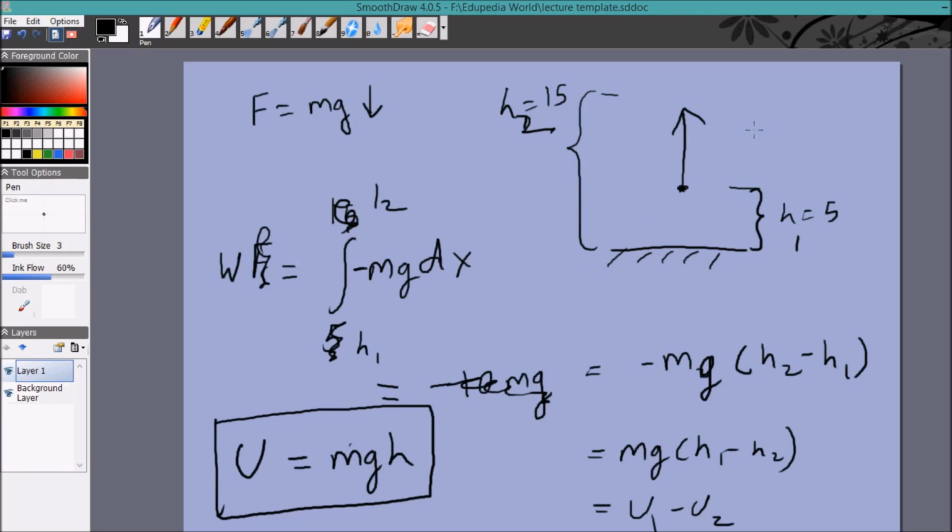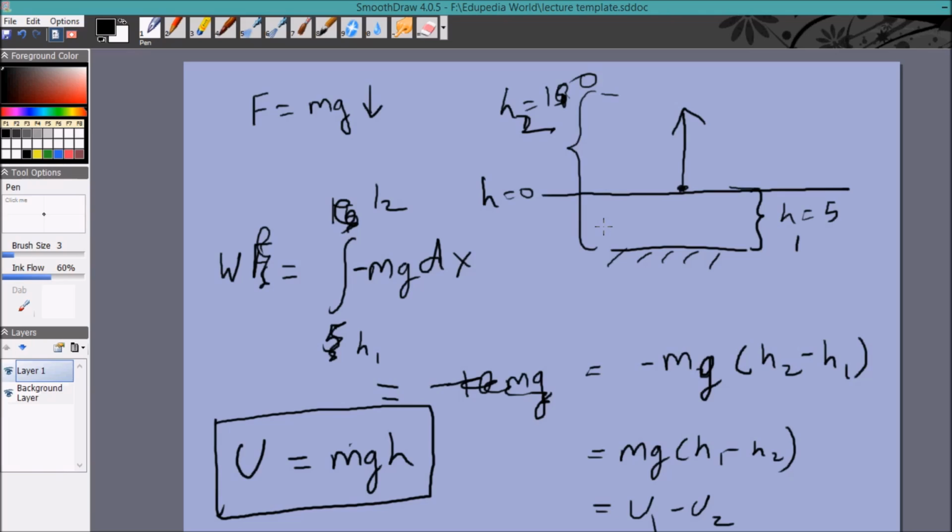Or I could solve the problem simply by saying this is h equal to 0. But now this h can't be 15; now this h has to be 10. And then again h2 minus h1 would give me the same answer. So this is what I mean when I say we can take any point to be the 0 of potential energy and everything else will fall into place. There is one point which we'll need to nail down, and everything else will fall into place.